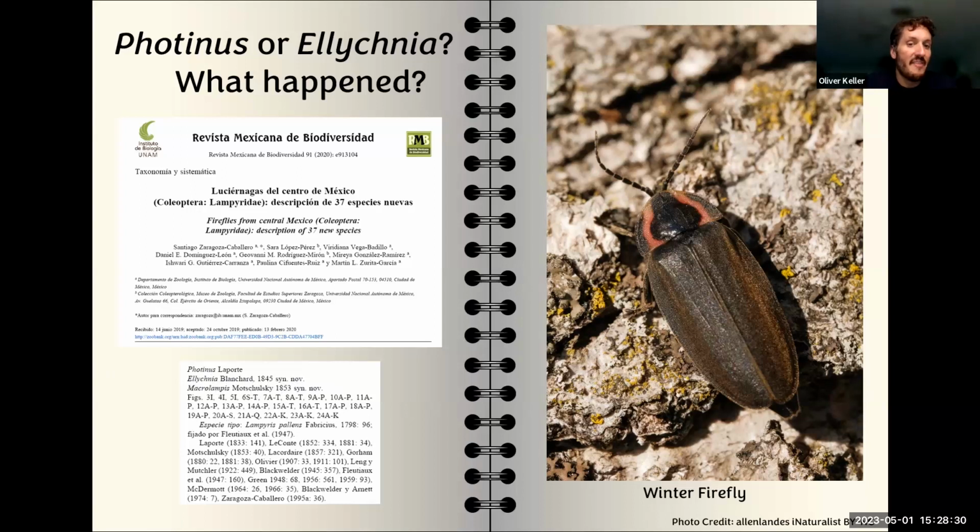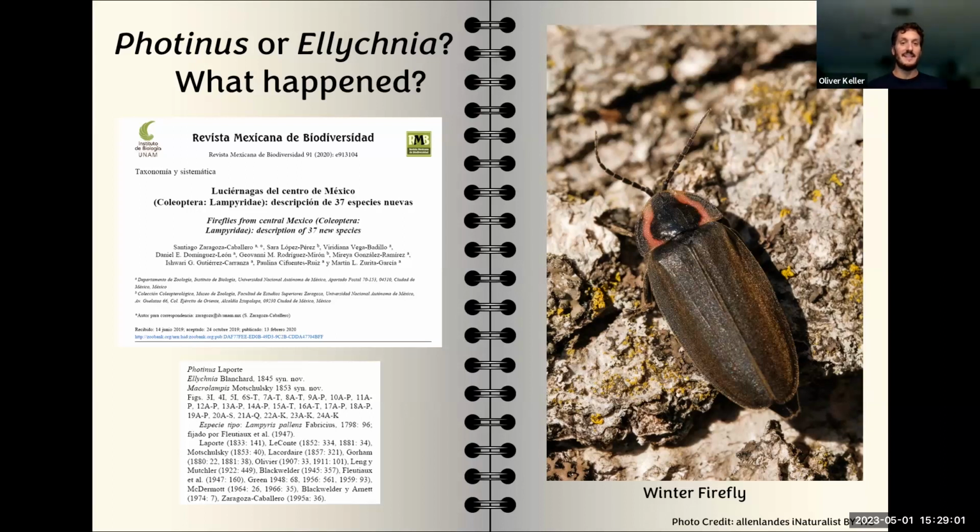And then in 2023, the same lab came out with a paper looking at all kinds of morphological characters, analyzing them and showing a phylogeny, showing that the different Ilichnia species, as we knew them, are not grouped together, but mixed into a lot of the Photinus species.